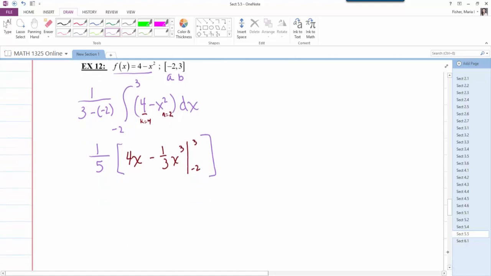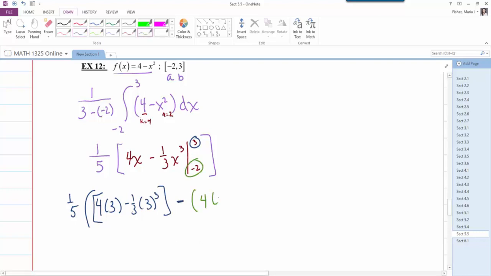So if I evaluate this, we're looking at 1/5 times 4 times 3 minus 1/3 times 3 cubed, and that's minus the lower limit of integration, 4 times -2 minus 1/3 times -2 cubed.